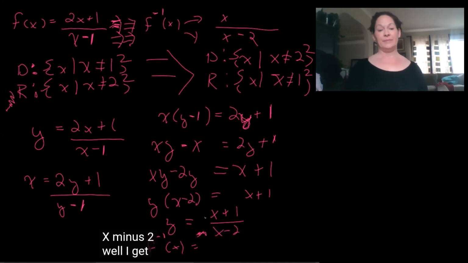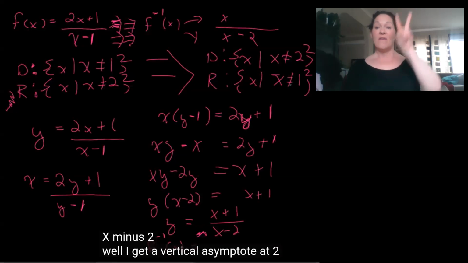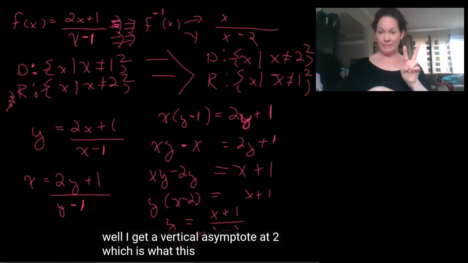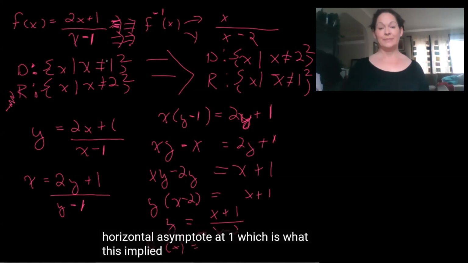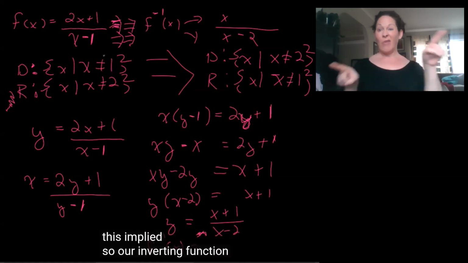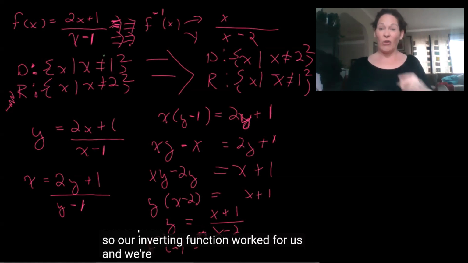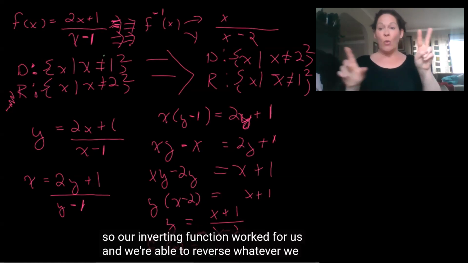Well, I get a vertical asymptote at 2, which is what this implied, and I get a horizontal asymptote at 1, which is what this implied. So our inverting function worked for us, and we're able to reverse whatever we do.